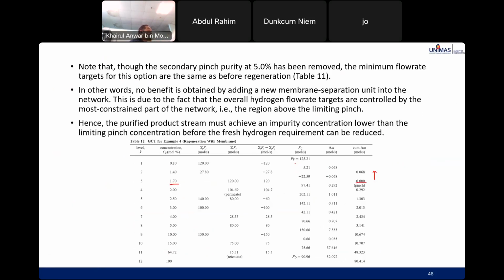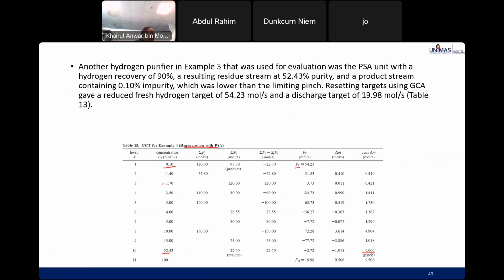If you see, if you use membrane before, it actually increased from 120. You need an extra 5.21 mole per second. That's why membrane in this case has no benefit except for adding cost.